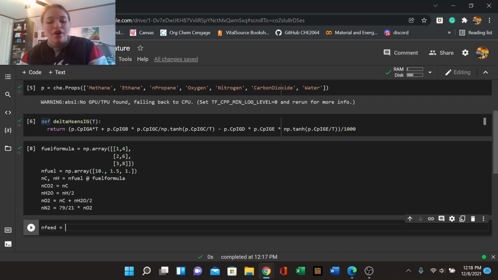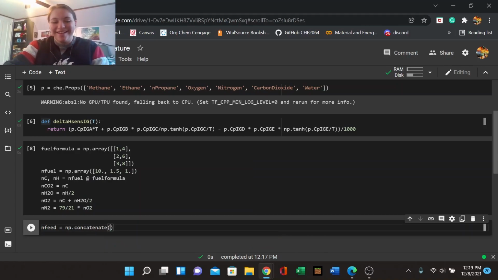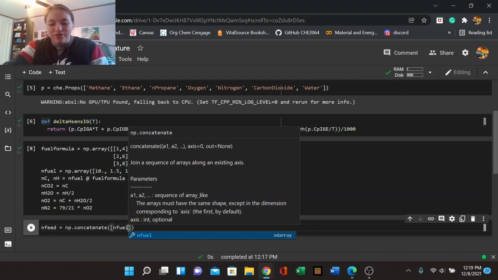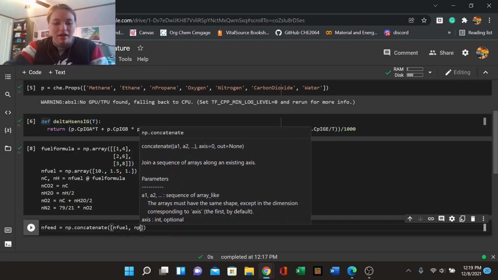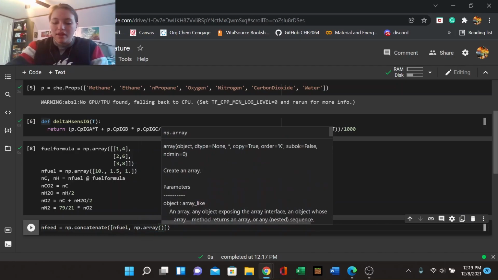And so what we're going to do is NP dot concatenate. This is just combining it all with N fuel, comma, NP dot array, parentheses.